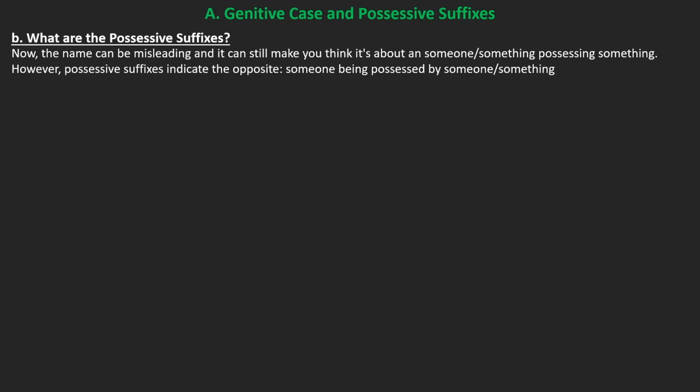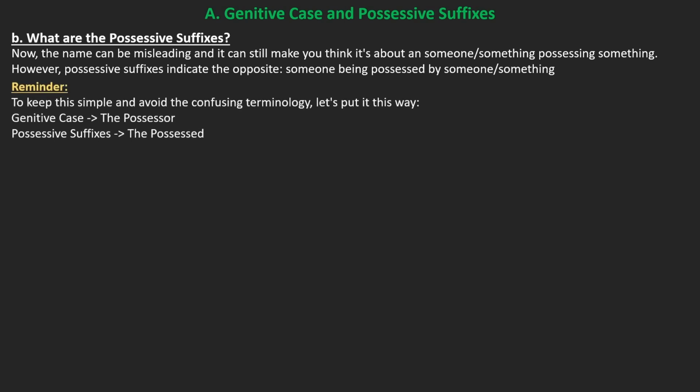But on the contrary, it is something that is being possessed, like someone else or something else owns this word. So I want to keep it simple, and that's why I will use different terms: the possessor and the possessed. This way you can clearly see the owner and whatever is being owned.